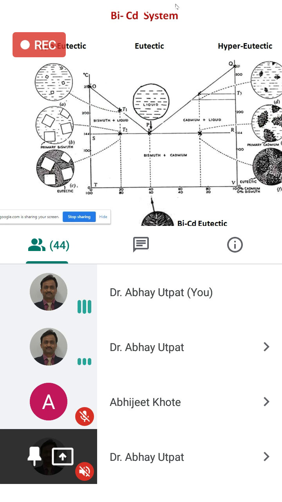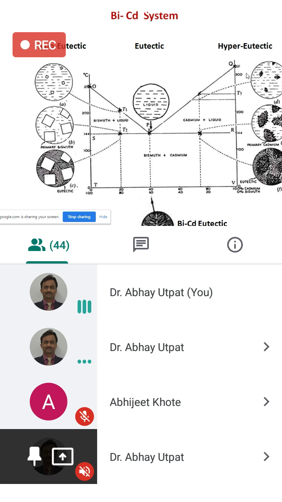First one is cooling of hypoeutectic alloy, second is eutectic, and third is hypereutectic. Now hypereutectic and hypoeutectic behavior is the same, only the change in structure is shown. But if you see the behavior, it is one and the same.